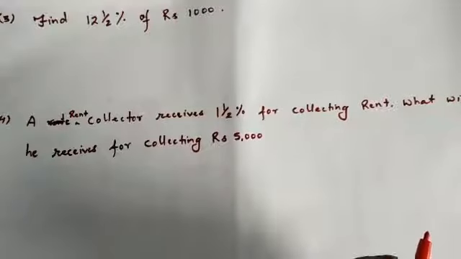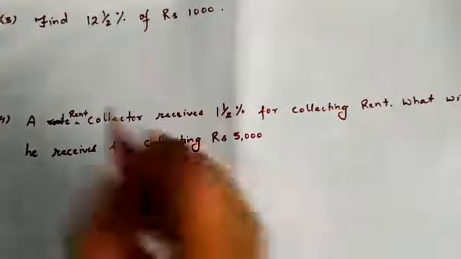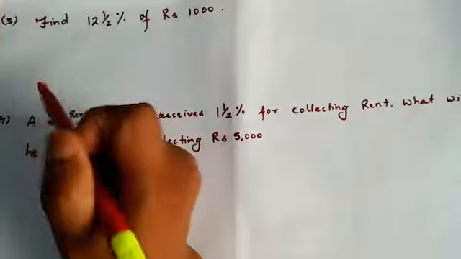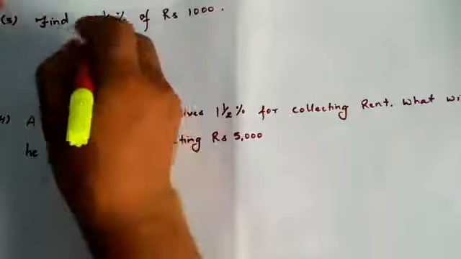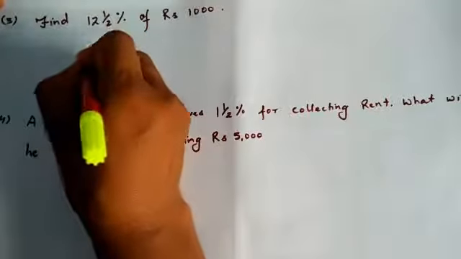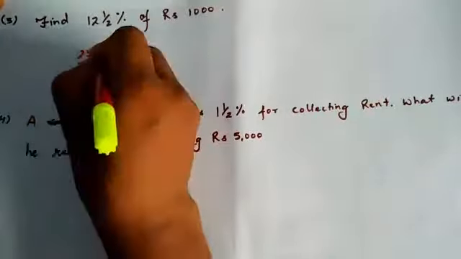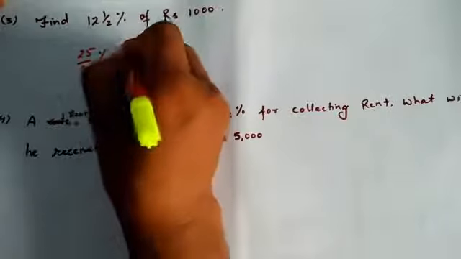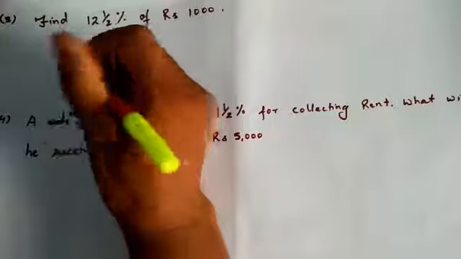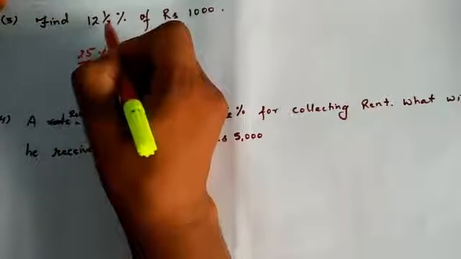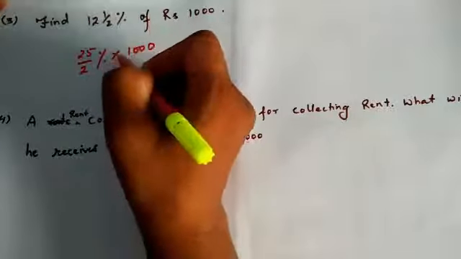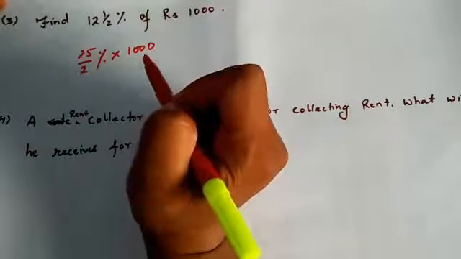Moving to the next question. Find 12.5% of rupees 1000. So 12.5% means 25 by 2. Now the question easily explains: find 12.5%, that is 25 by 2, of 1000. Of means, in mathematical terms, multiply.